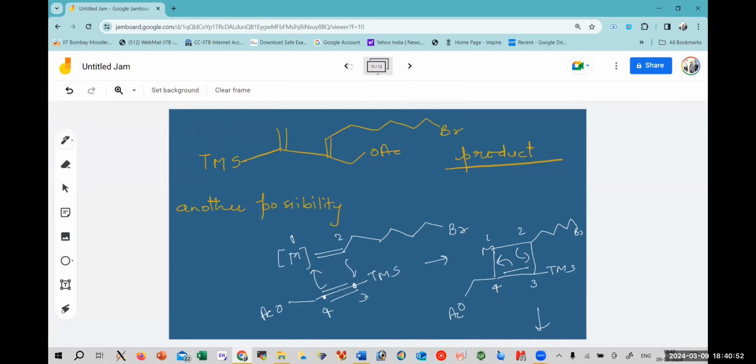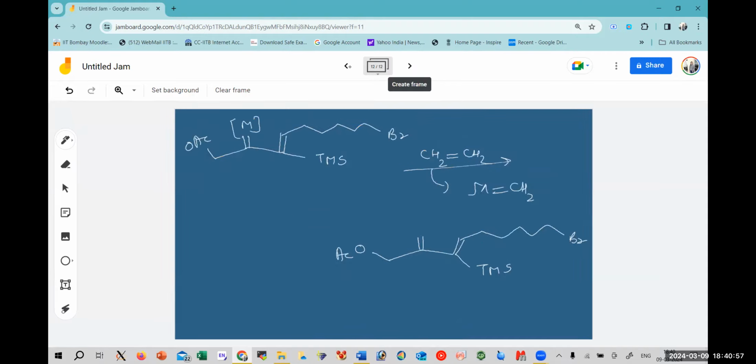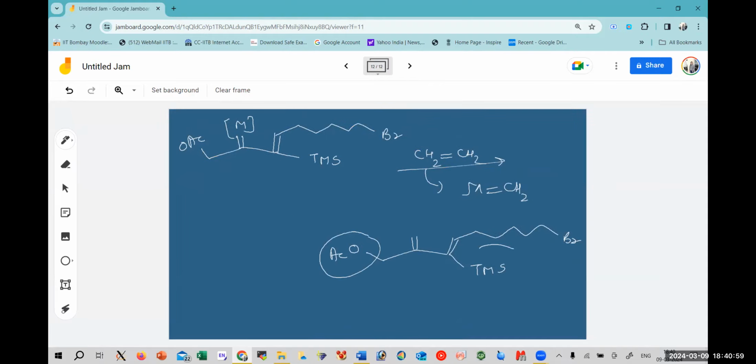So earlier the scenario was this OAc and this group were at the same site, but here you will see they are far apart from each other.